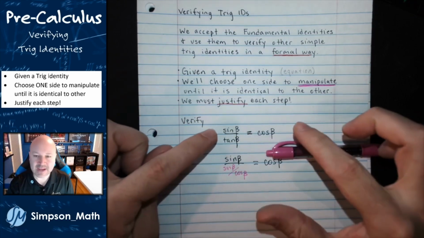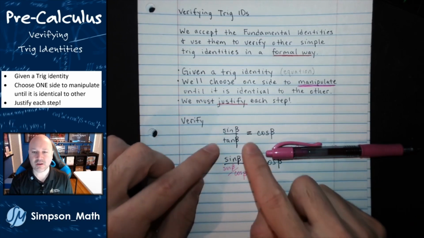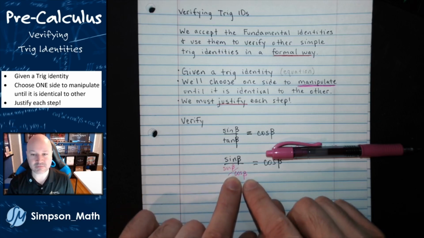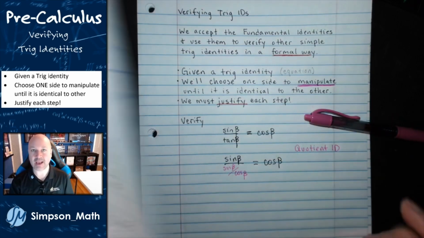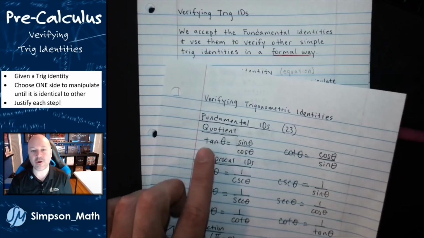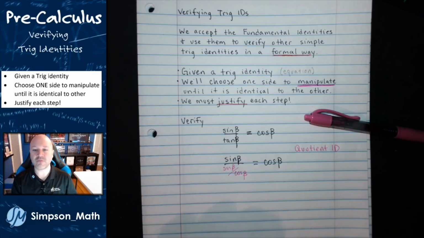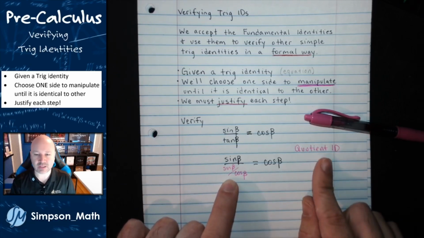So when they see this identity and they say, oh my goodness, how did they go from tangent, like how do they rewrite this? They might not know at first, but they come over here and they say, oh, they used a quotient ID. I come look at my quotient identities. Oh, there's one. Oh, tangent is this. So if a peer can follow your justifications, and you're doing so correctly.